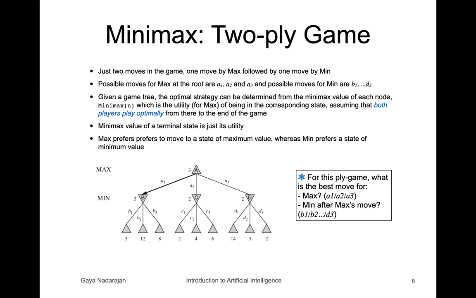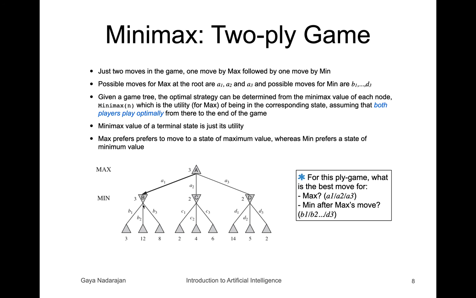We need to build an algorithm for this. So we can say the best move for Max to take would be A1, because Max knows that among all these, 3 is the best out of the worst of all the possible outcomes.